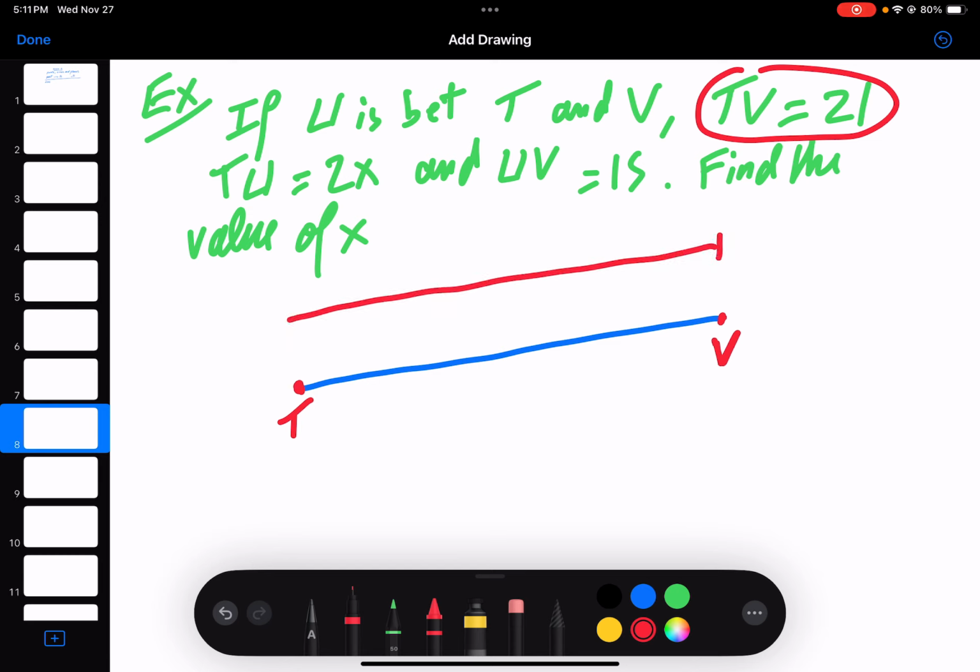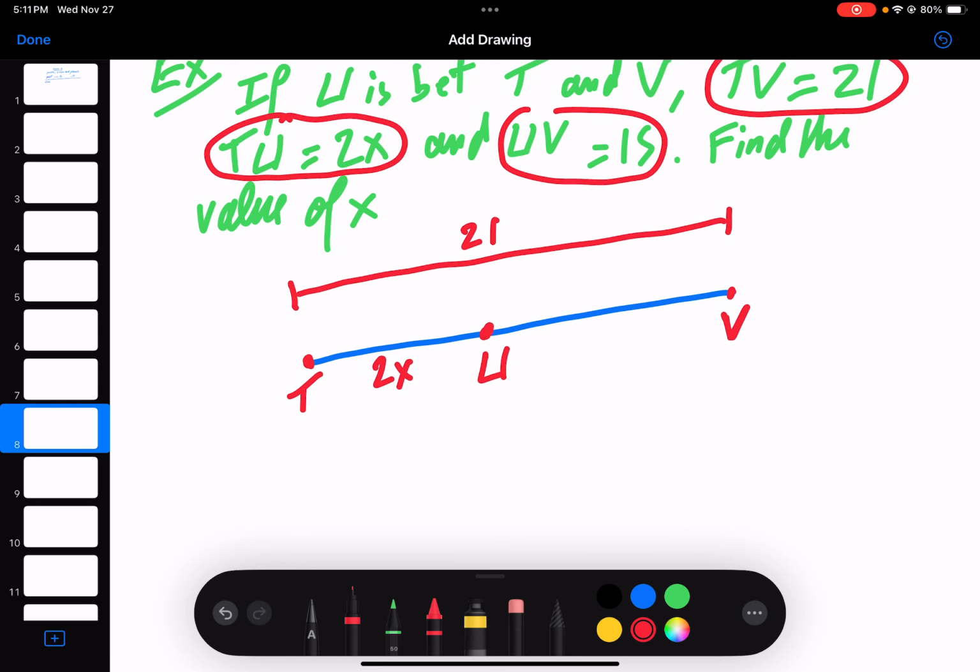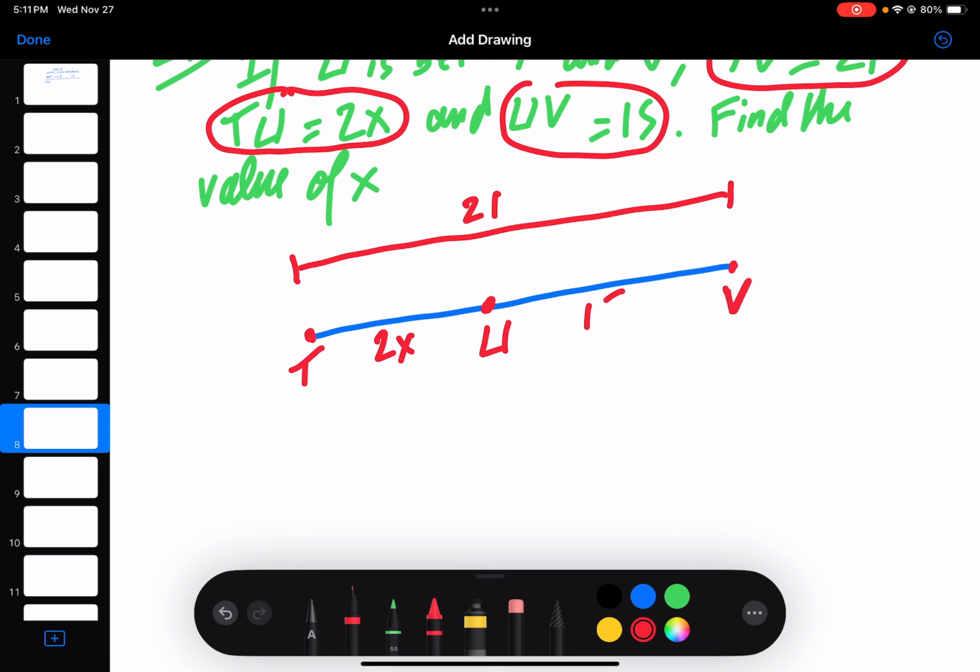We'll have a little length here, and that means length 21, right? And U is between T and V, so we'll stick a U here. And we are told that TU is equal to 2 times X, right? The length TU right here is equal to 2 times X. And UV, so the length UV, is equal to 15. So we can say 15 here.